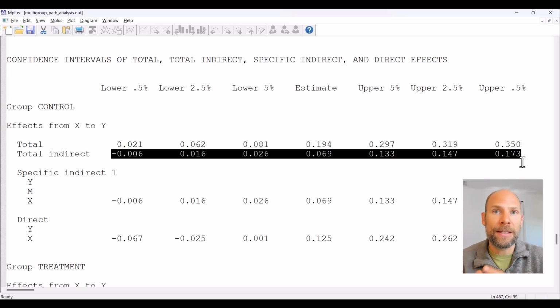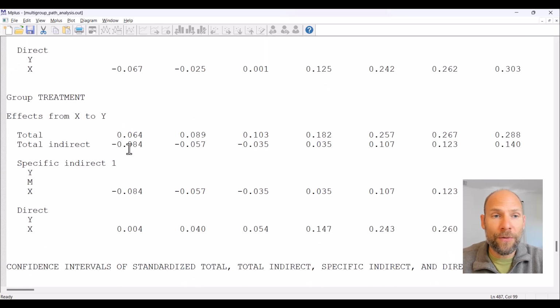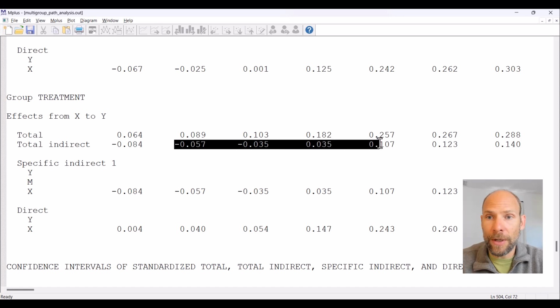So if you were testing at an alpha or significance level of 0.01 or 1%, then the indirect effect would not be significant. If you're testing at a 5% alpha level, then it is significant because the 95% confidence interval does not contain 0. So that's how this works. And so this is for the control group, and we can look at it also for the treatment group. You can see for the treatment group, things look a little different.